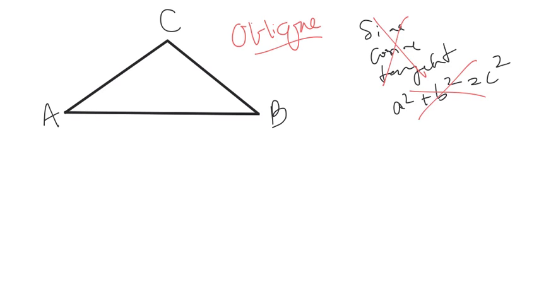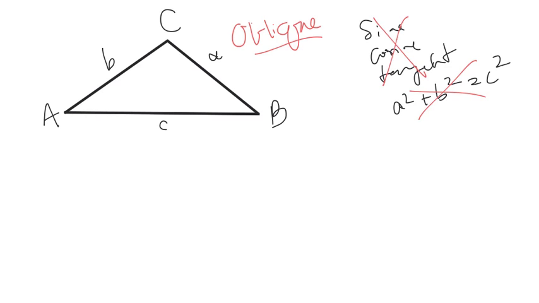Now that we have our angles sorted out, I actually want to label the side lengths as well. The way it works for an oblique triangle is that the side opposite the angle takes on the same name. So this side over here is side A, opposite angle A. Here's angle A, you go across, here's side A. Side B is this one, and side C is this one.